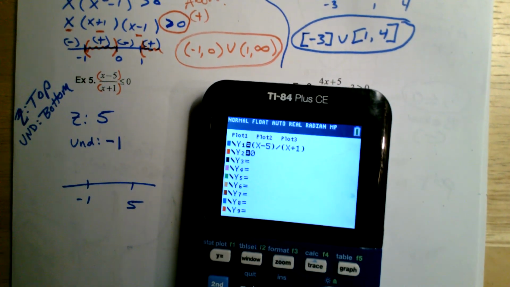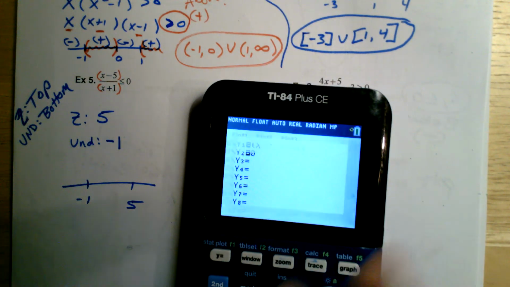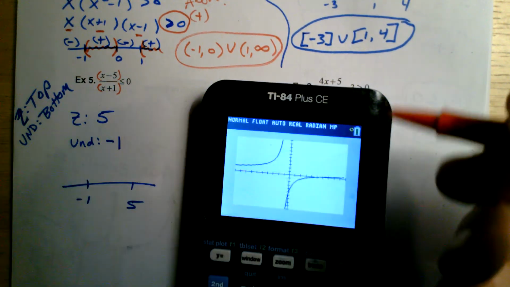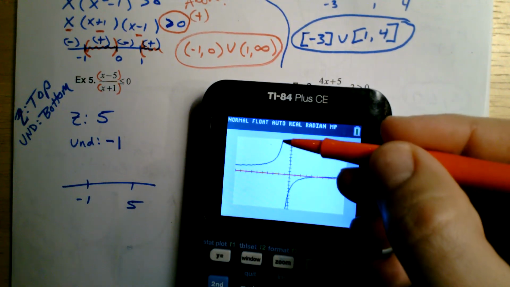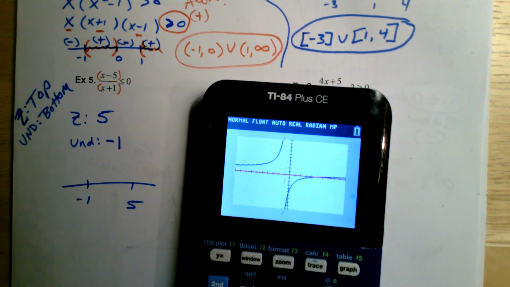Make sure you use parentheses. I graph it. And again, at -1, we can totally tell there's an asymptote there.